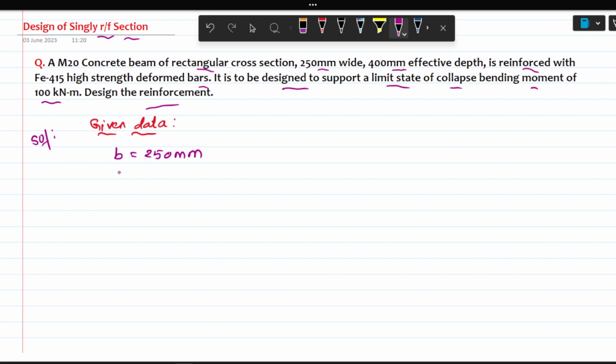Next, effective depth D is equal to 400 mm. Also given M20 grade concrete, Fe415 grade steel bars, and bending moment, that is Mu, is equal to 100 kilonewton meter.